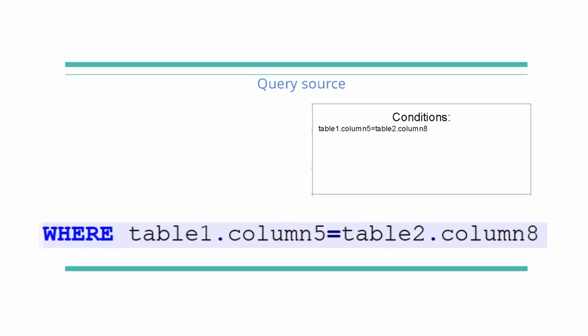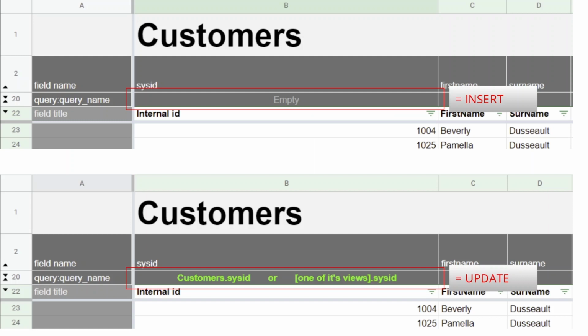Column B is called internal ID or sysID in SpoG, and its content in a query metadata row affects whether the query will add records or update records in the destination. Empty column B means adding records. Destination table name or one of its views together with a sysID column means updating records.